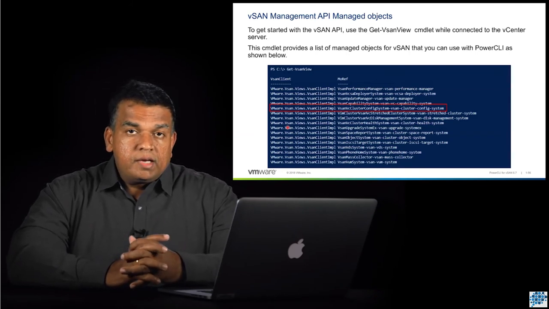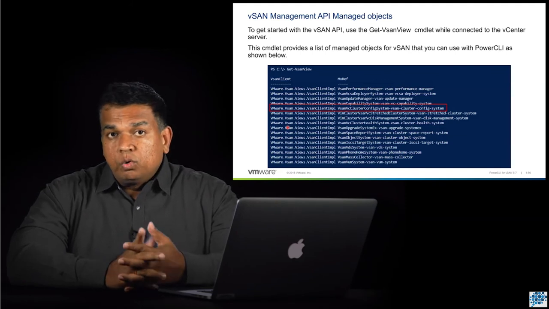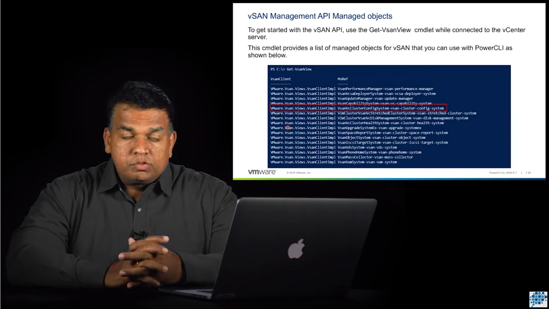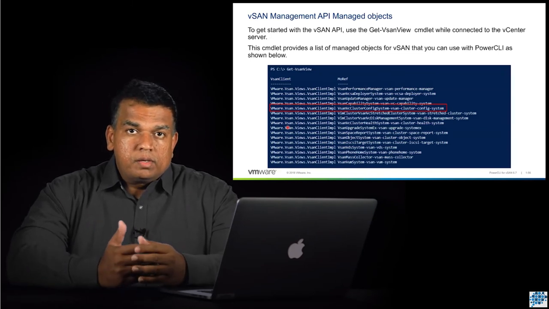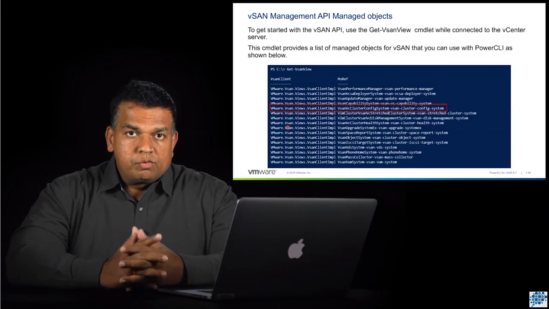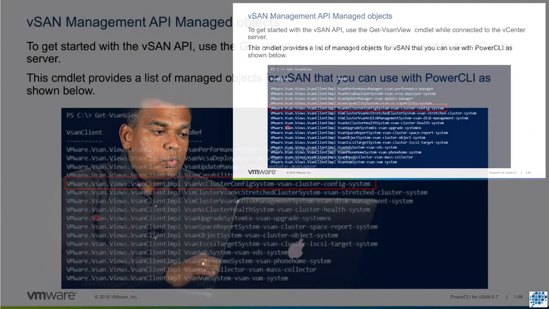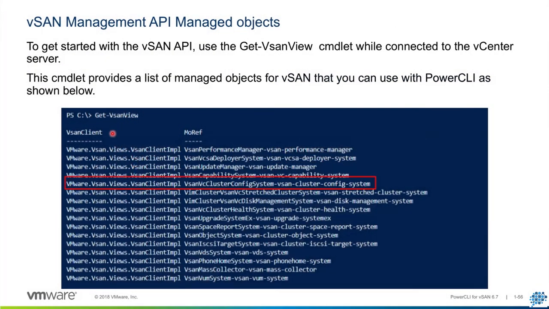In this example, I am running the Get-VsanView commandlet without any parameters. It is connecting to the vSAN cluster which I have in my environment. Once I run this commandlet, you will see a number of items, which are the various managed objects which comprise the vSAN API.